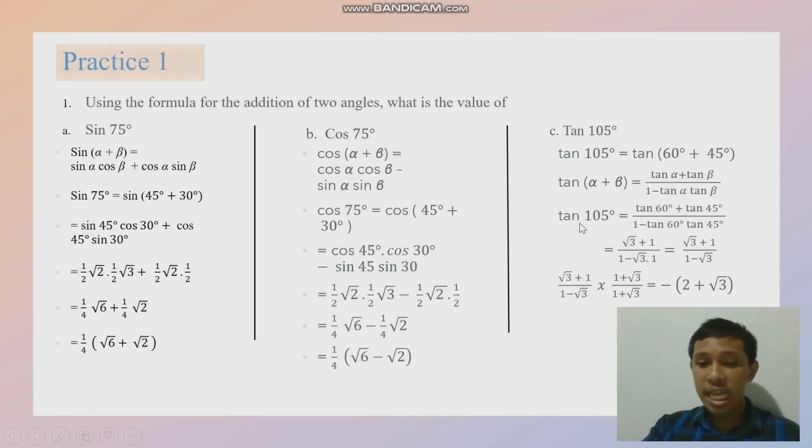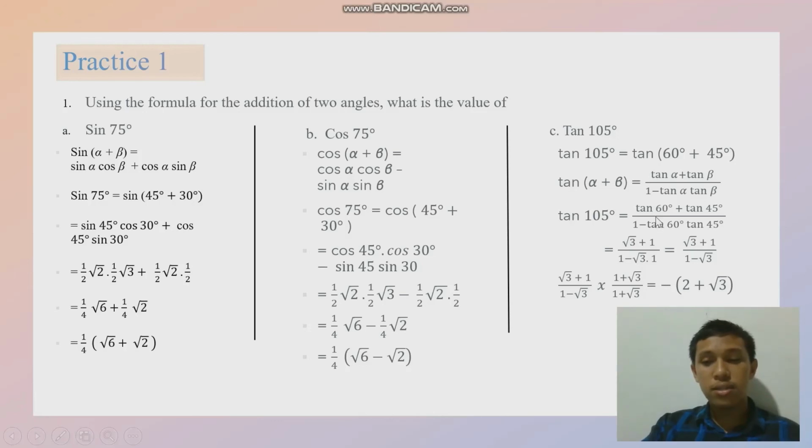So I can write tan 105 degrees equals tan 60 degrees plus tan 45 degrees over 1 minus tan 60 degrees times tan 45 degrees.